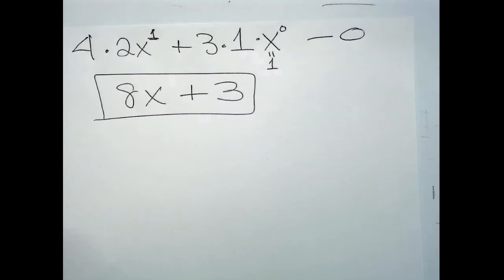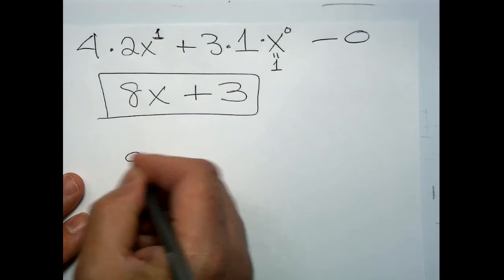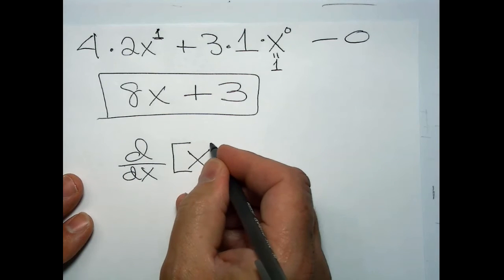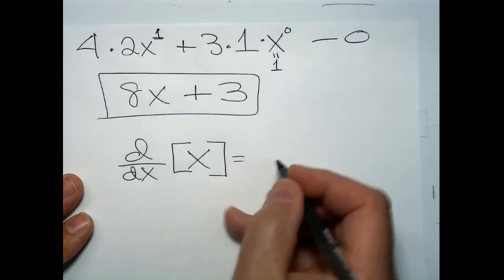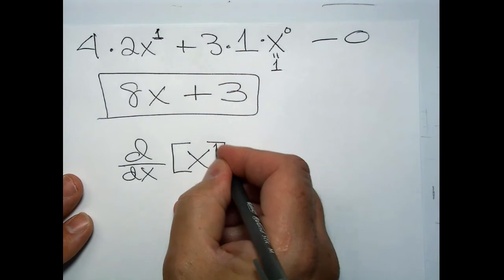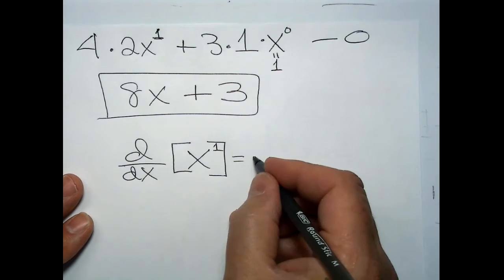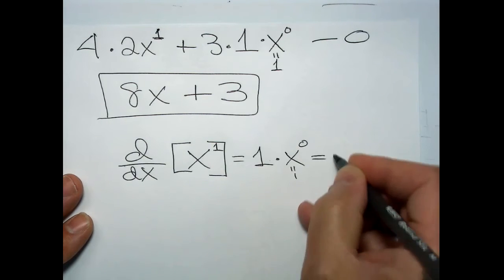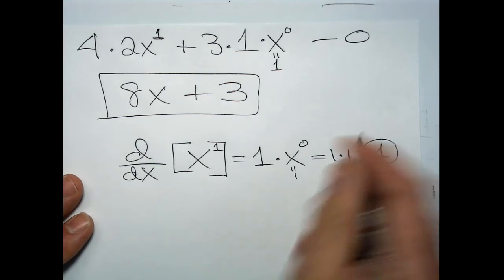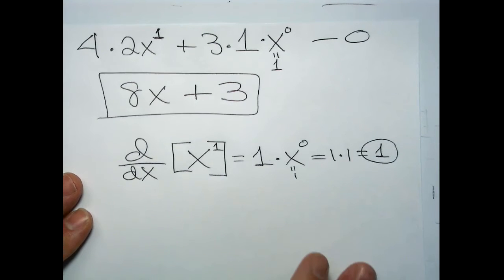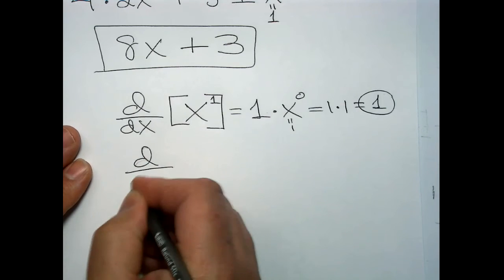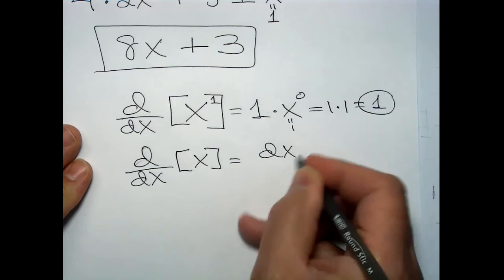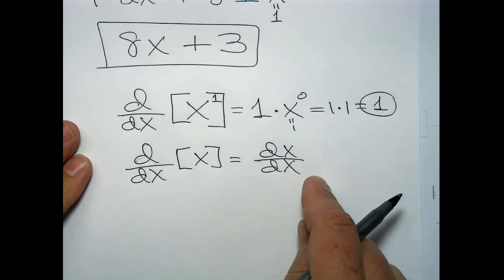Now that brings up an interesting point that I'd like to look at, and that's this. What's the derivative of x? One way to look at it is to do what we just did there. Use the power rule. It is x to a power after all. The 1 comes down, deduct 1 from that exponent, but that's equal to 1. 1 times 1 is, no, the answer is the derivative of x is simply 1. But here's another way to look at it. That's dx over dx.